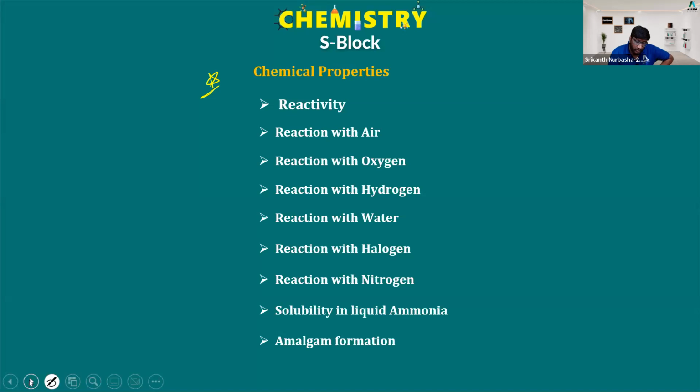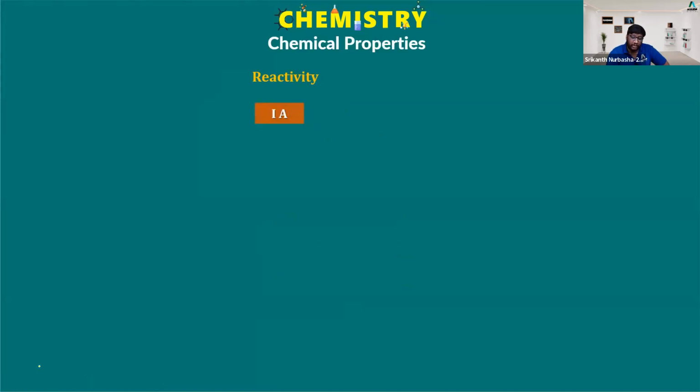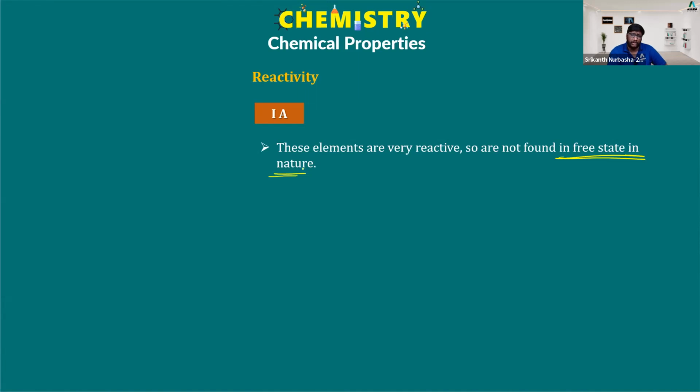And also amalgam formation. If you try to compare 1A elements, these elements are very reactive, so that is why they are not found in free state in nature. Reactivity is inversely proportional to ionization energy.